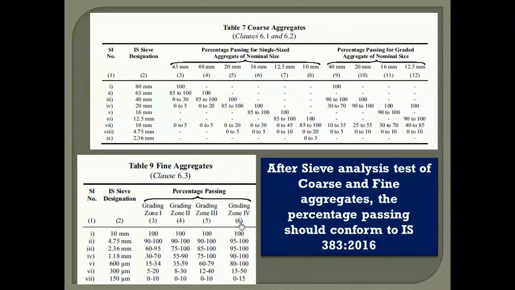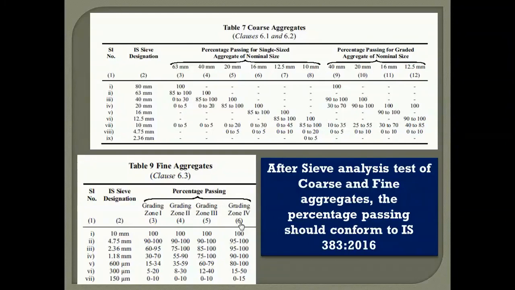Similarly, for coarse aggregate, whatever value is specified there should be obtained in the sieve analysis test also. In that range the value should come, then only it will conform to IS 383 2016. This also will be given in the question itself.